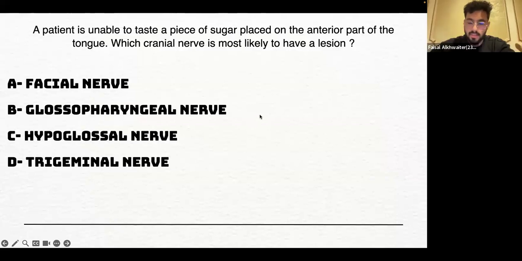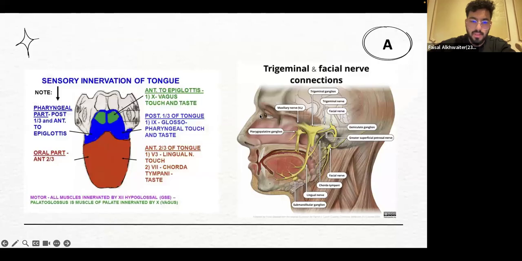So I'm going to show you this slide. There's this nerve which is called the chorda tympani, I think. This is how you pronounce it, but you can see it right here. This nerve is a part of the facial nerve.